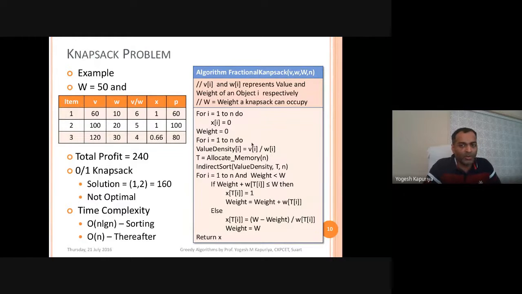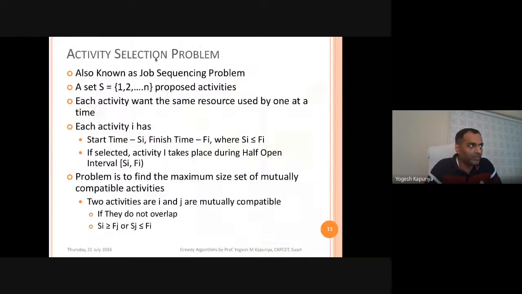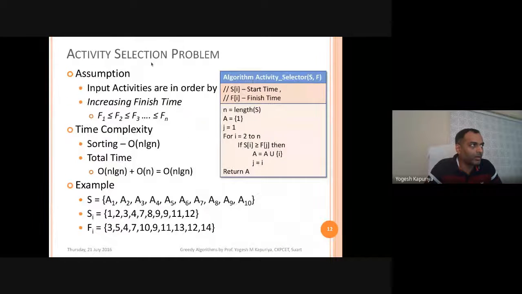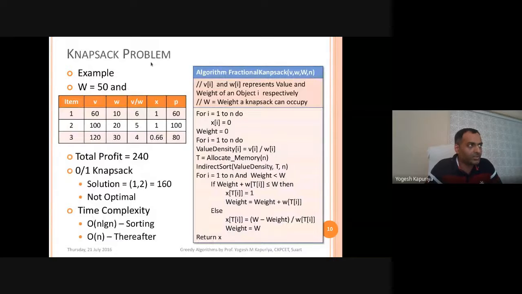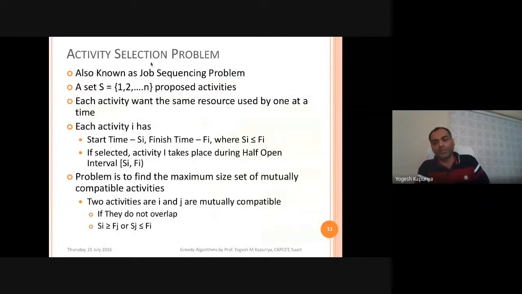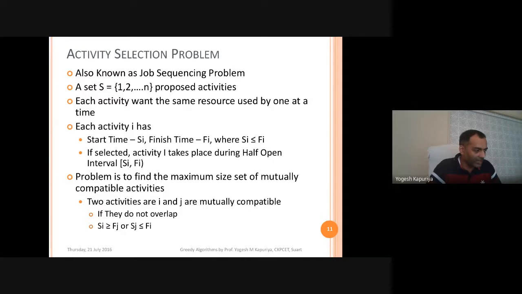So the next problem statement in the sequence is called the activity selection problem. Let us try to understand the problem itself first. It's an activity selection. That means you have a series of activities and each activity has some start time and finish time associated with it.